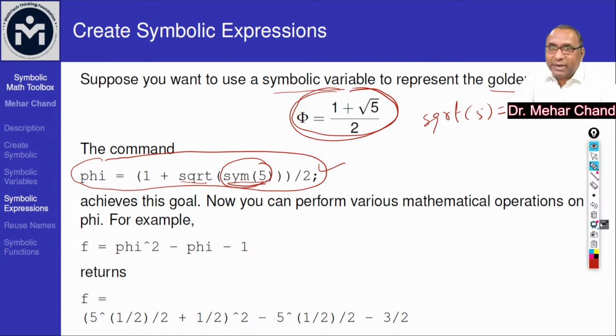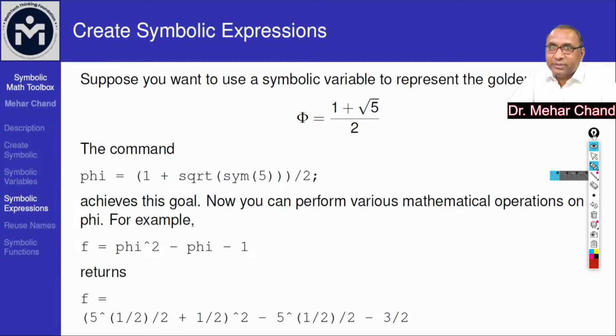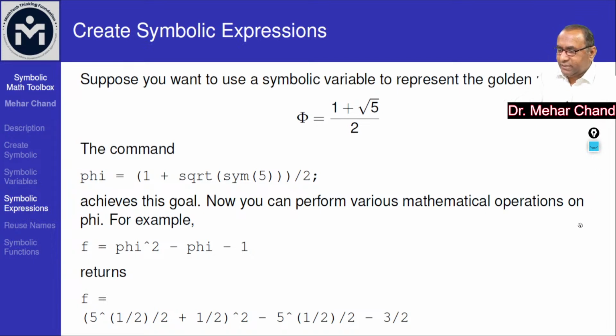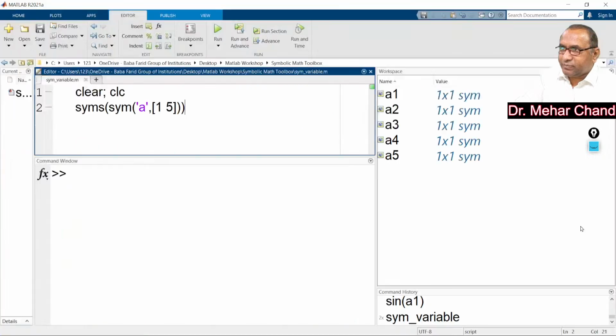See in MATLAB. We are writing phi is equal to, in brackets, 1 plus sqrt, which is used for square root, of 5.